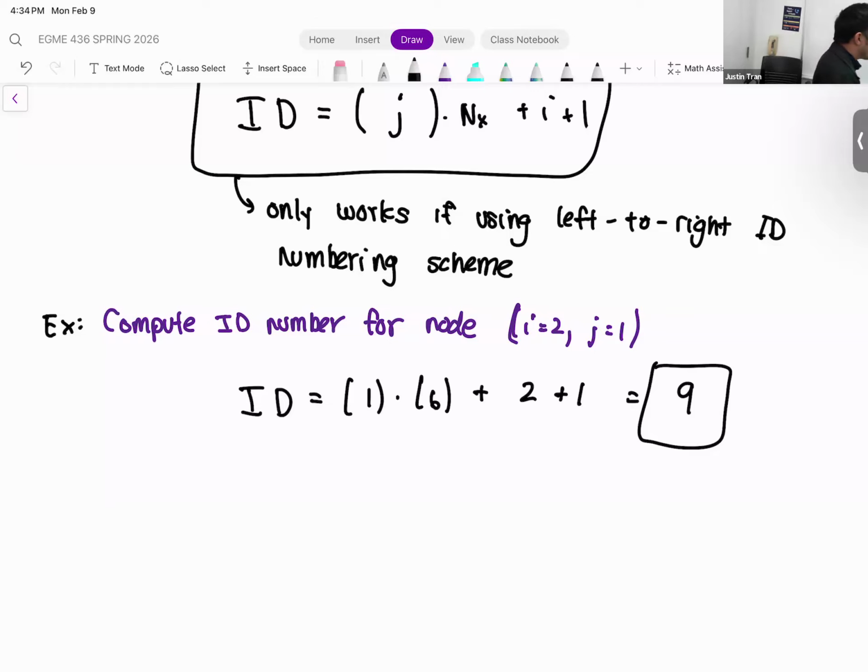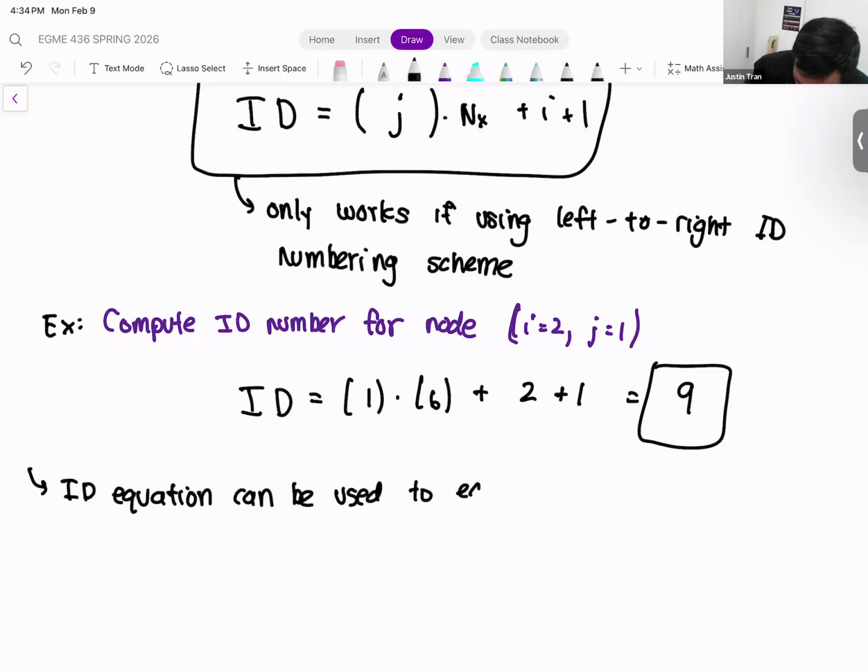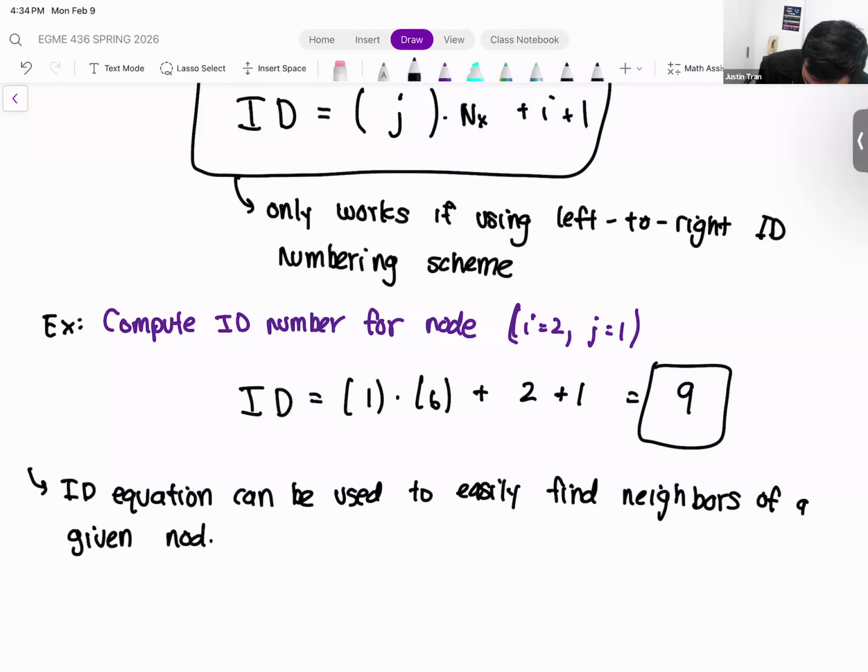So the most common application for this equation is that oftentimes when you're writing your finite difference equation, you're going to need the ID numbers for every single neighbor of a given node.